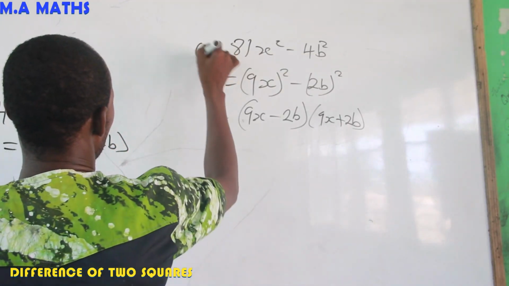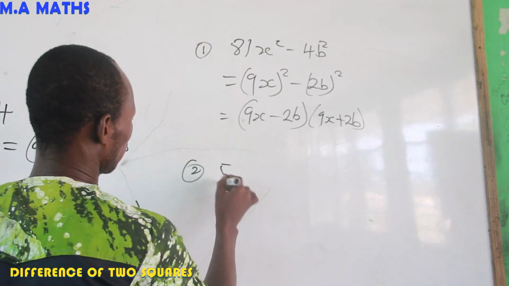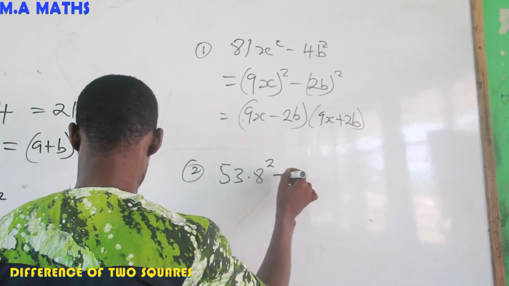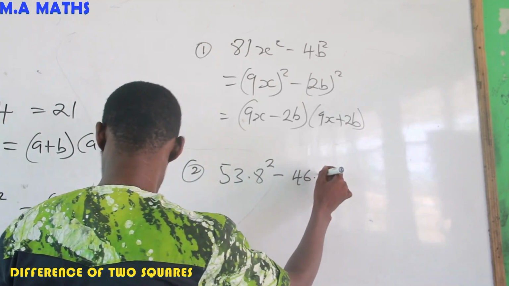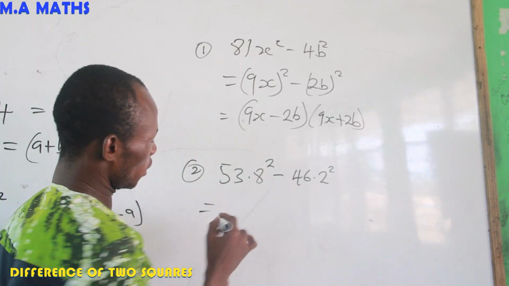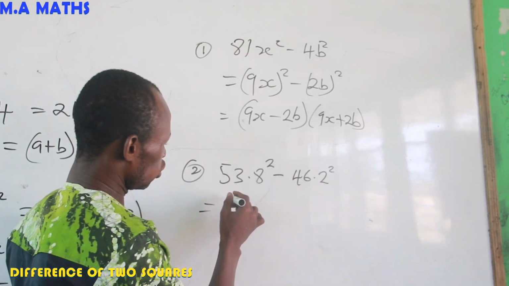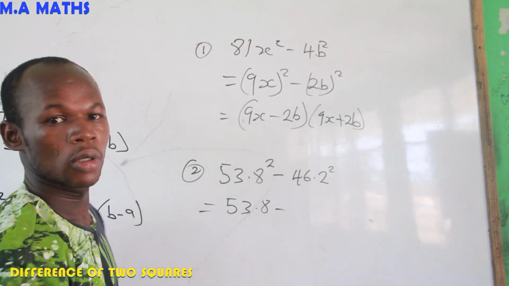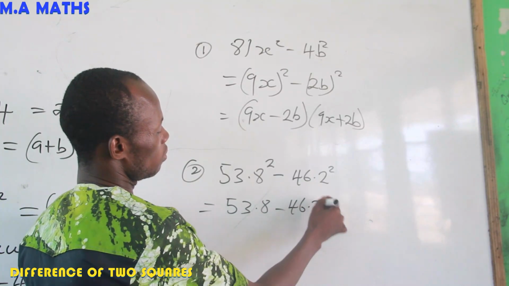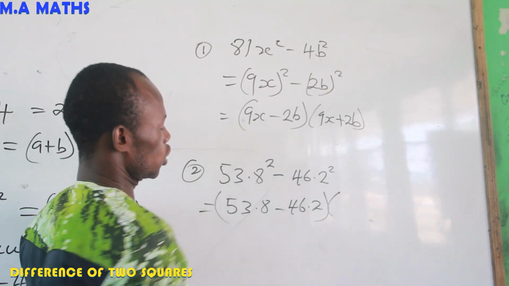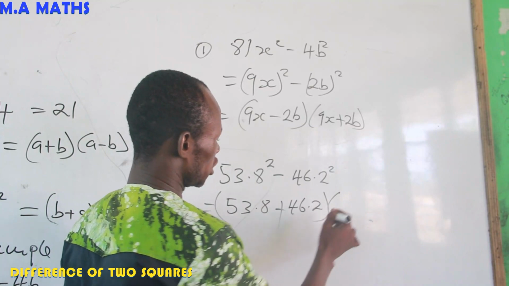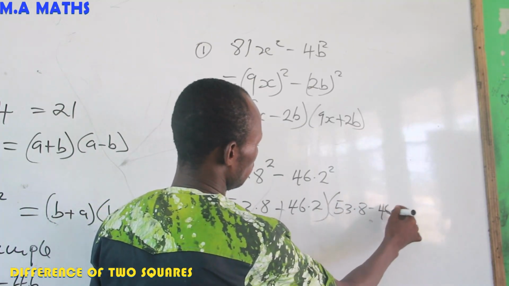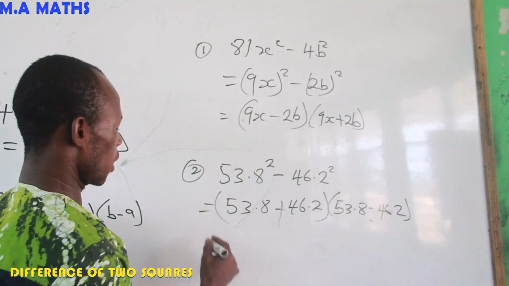The second one is 53.8 squared minus 46.2 squared. With this one, we'll apply our difference of 2 squares. 53.8 minus 46.2, let me put the plus here, 53.8 plus 46.2.